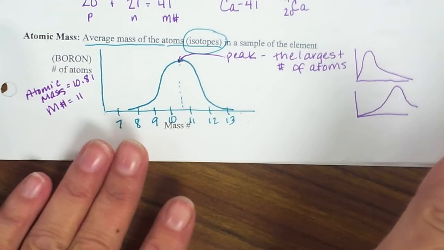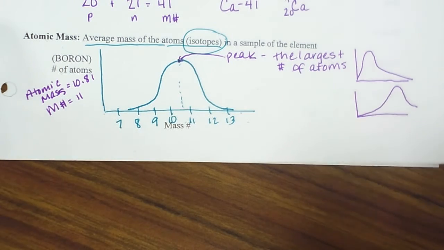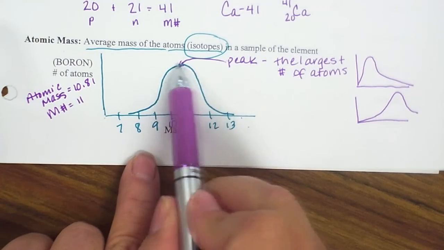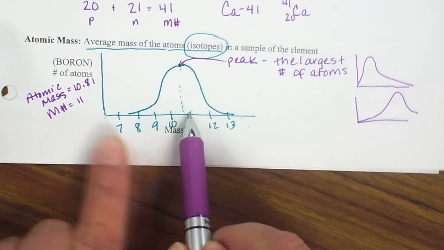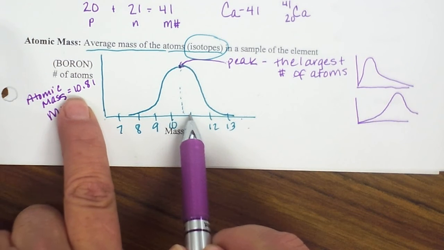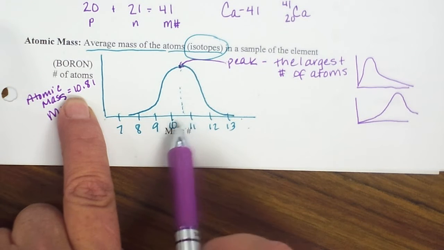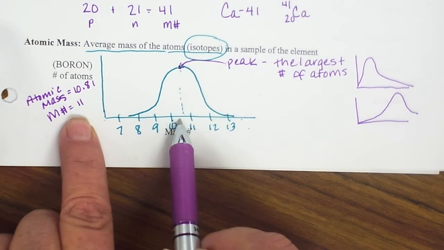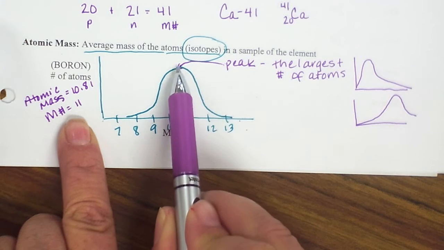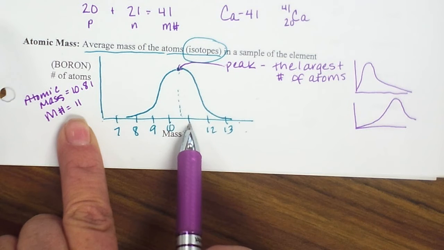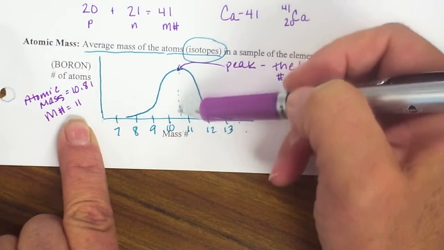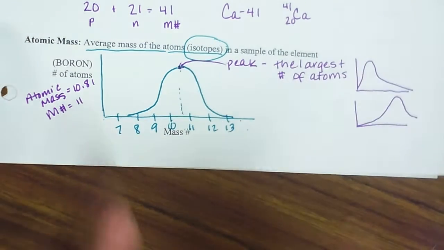Where does the largest number of atoms fall? They all fall right around in here. Why is that? Because my atomic mass, when I round them all off, is going to be 10.81, somewhere around 10.81 to 11, right? So the largest number of atoms will fall right in between around 10.75 and 11. That's where the largest number of atoms will fall.